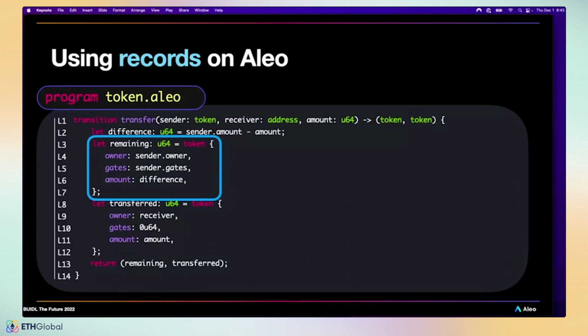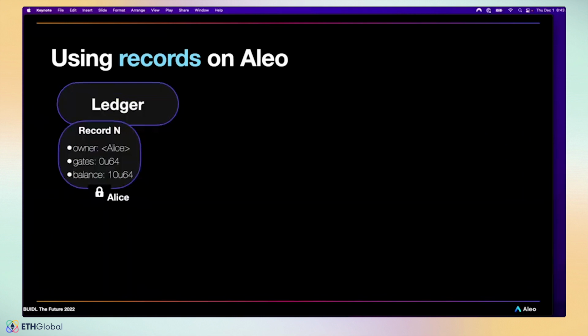Let's take a look at a better diagram of how this actually looks. Here, let's suppose Alice wants to send some amount of money to Bob, and she's going to invoke the transition transfer to do it. She has a ledger where she has some record with some gates and some balance.